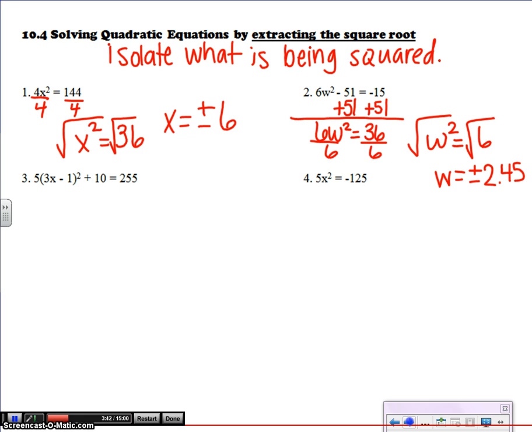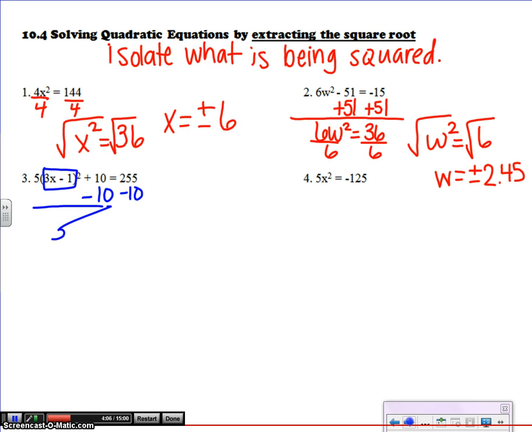Onward. Okay, number 3, I specifically remember on our test we had a whole bunch of people miss this question. So what we're trying to do is isolate what is being squared, you can see. So this quantity right here is what we're trying to isolate. So we're going to try and move everything away from that box. So first we're going to subtract 10 from both sides.